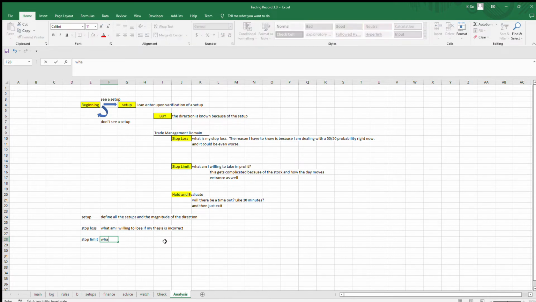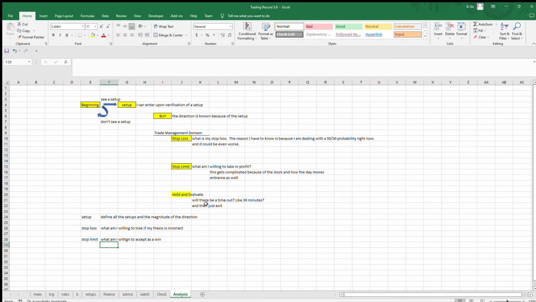And then, what am I willing to accept as a win? The interesting thing is that a trade might not necessarily hit the stop limit, and it may still be in the hold and evaluate stage somewhere in between. So I may have to exit at a certain time period.